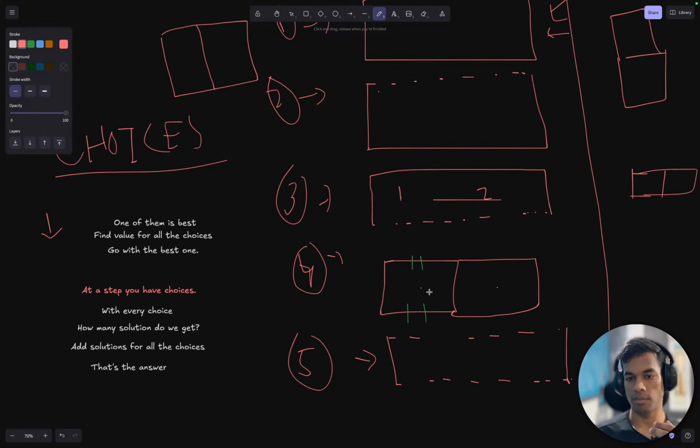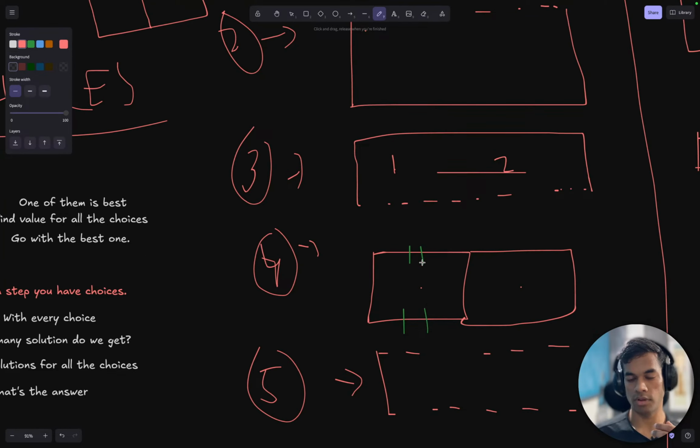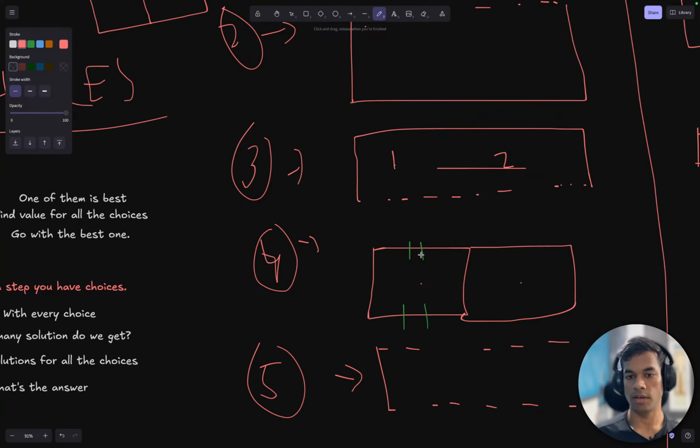And then the same argument would be here for this, since this one independently has three choices: to keep it open from top, or to keep it open from the bottom, or to keep it open from both the sides. Three choices for this, three choices for this. In total, 9 choices. There are a bunch of choices.